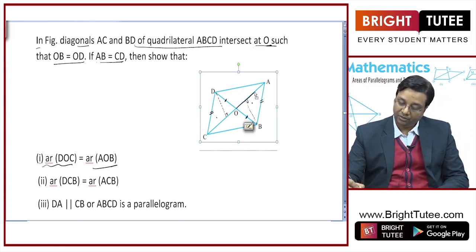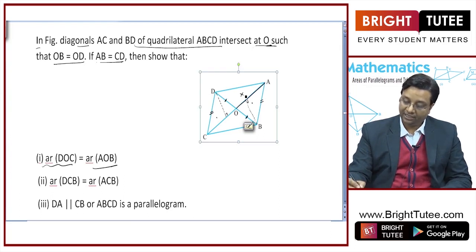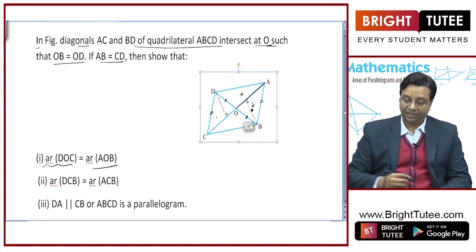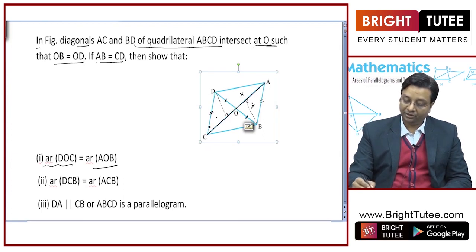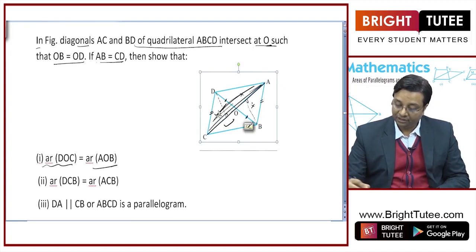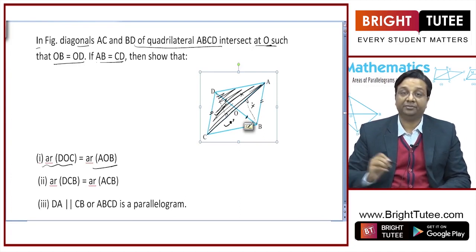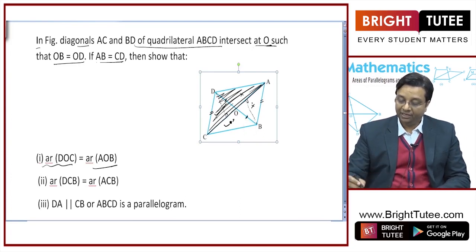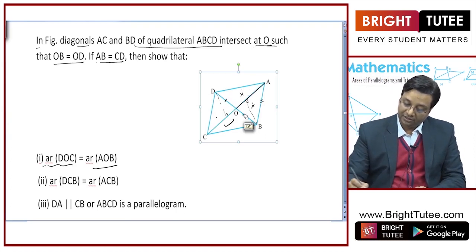See, AO is median for triangle ABD. So this area and this area is equal, right? Similarly, CO is median for the triangle CBD. So this area and this area is equal. So can I say that area of this complete triangle ACD is equal to area of triangle ABC? Yes. Okay. So I am going to proceed like this. Now these areas are equal.